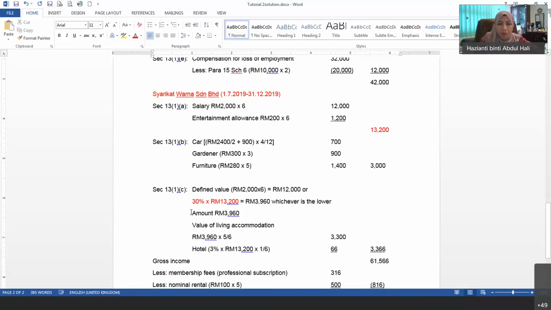But you see, the 30% is for 1 year, 3,960. So we take the lower 3,960, but we have to multiply by 5 over 6, because he stayed in that house for only 5 months.